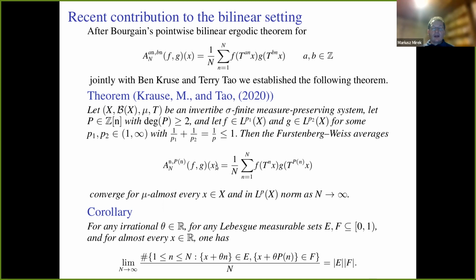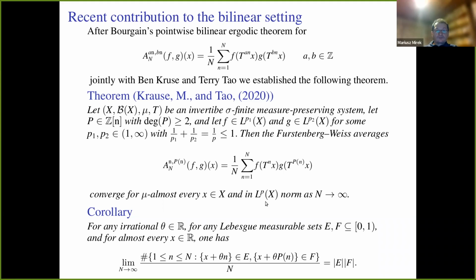As a consequence, we can say something about an almost everywhere equidistribution theorem. If we take any Lebesgue measurable sets E and F of the unit interval, then the following limit exists.